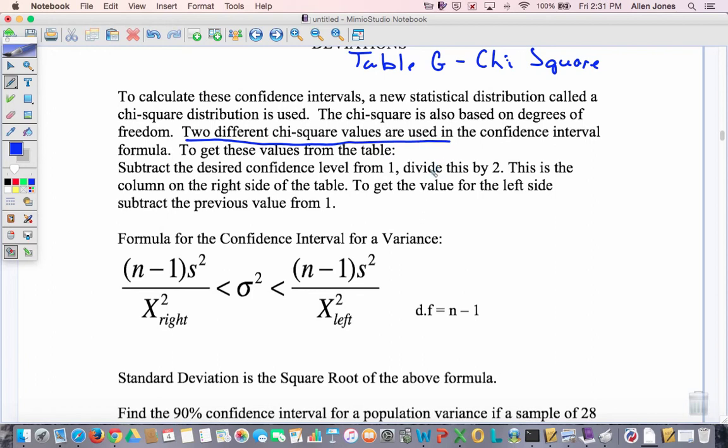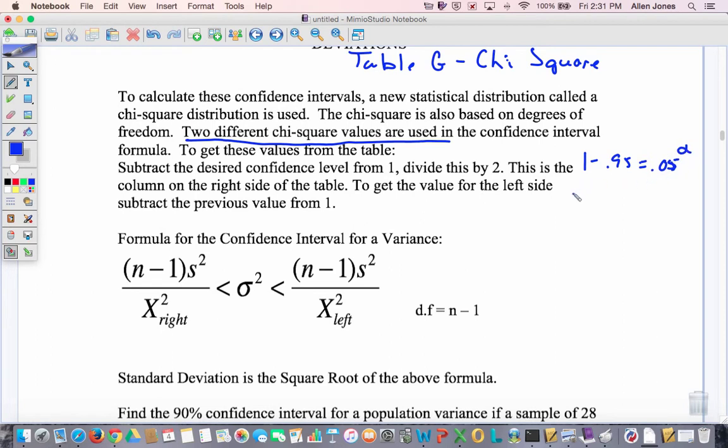We're using one that is our desired interval subtracted from 1. So if I want a 95%, I subtract 0.95 from 1 and get 0.05. So that again is our alpha. That's the area in the tails of the curve together, both tails together.